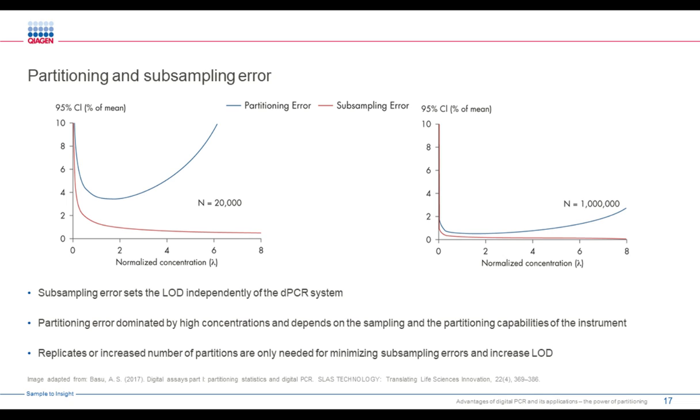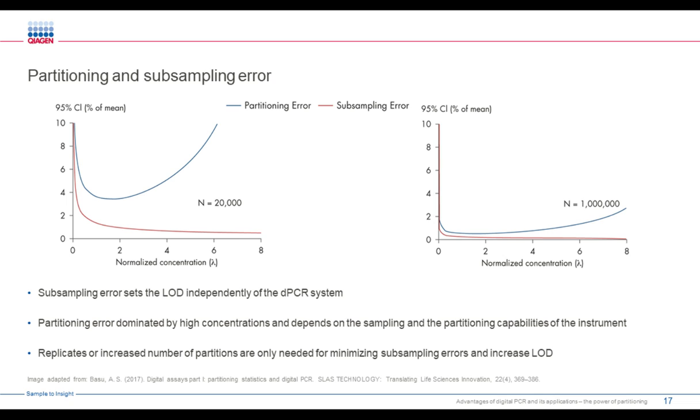The Poisson total error bar contains two parts, one of which is the partitioning error. The partitioning error is limited by the number of partitions that you can actually use.